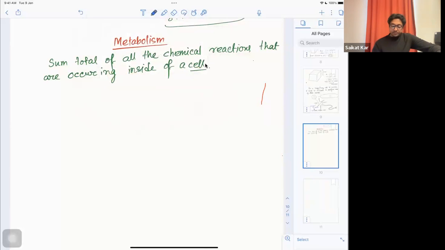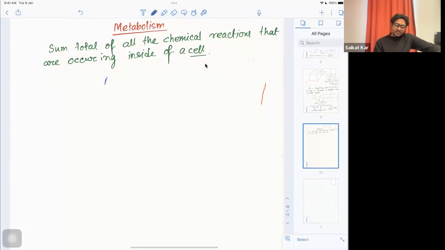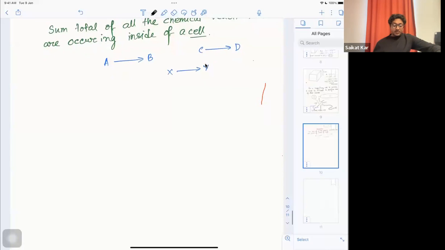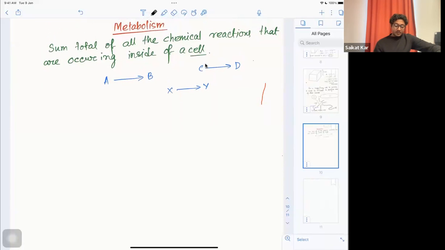Now any reaction, say A to B, in other parts say C to D, say X to Y, all these reactions are metabolic. Collectively they are called metabolic reactions. Now if the reaction is a breakdown, whenever we think about breakdown, exergonic should strike, because entropy means more disorderedness.